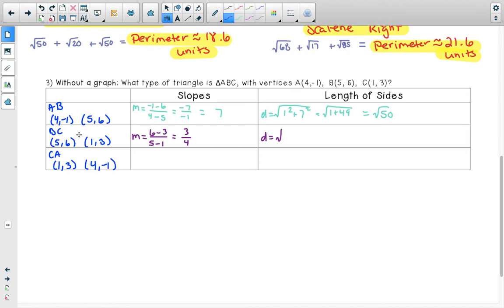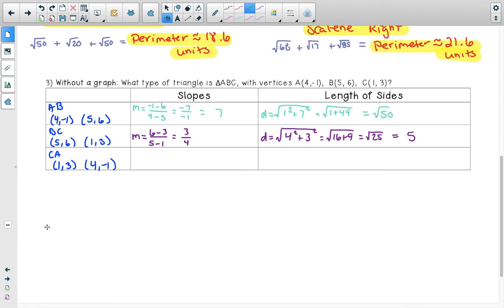Not positive, not negative, it's just 4 spaces away. I'm using 4 and then I'm squaring it. Plus, from 6 to 3 is 3 spaces away, so it's going to be 3 squared. That becomes the square root of 16 plus 9, which becomes the square root of 25, which is square rootable, so our distance is actually 5. That is the length of that side.